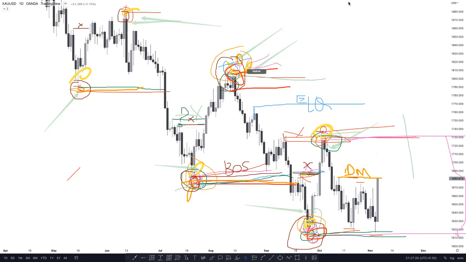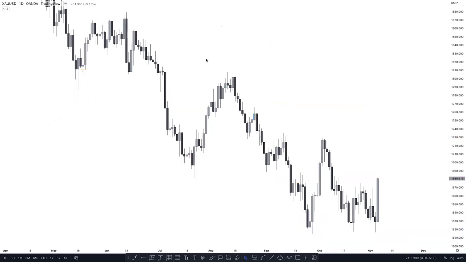Okay, perfect. Okay, so this one is our structure.